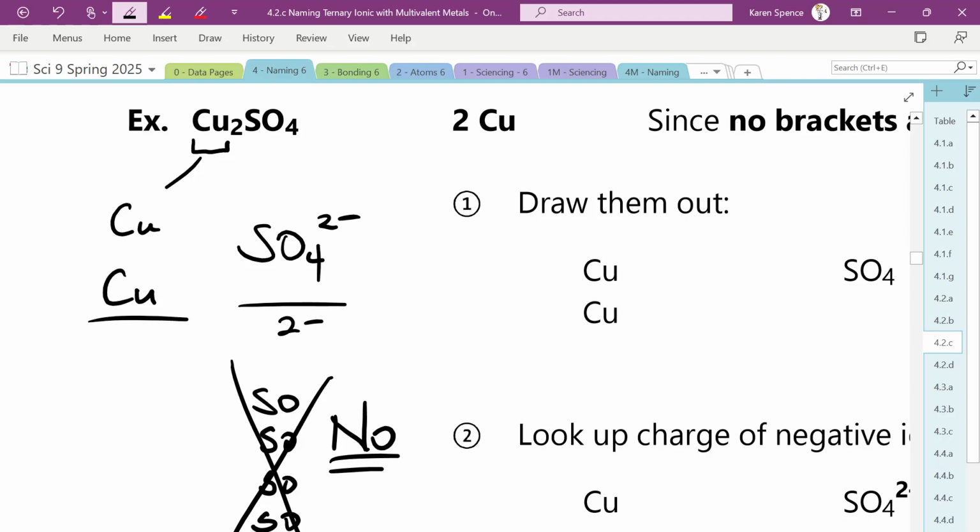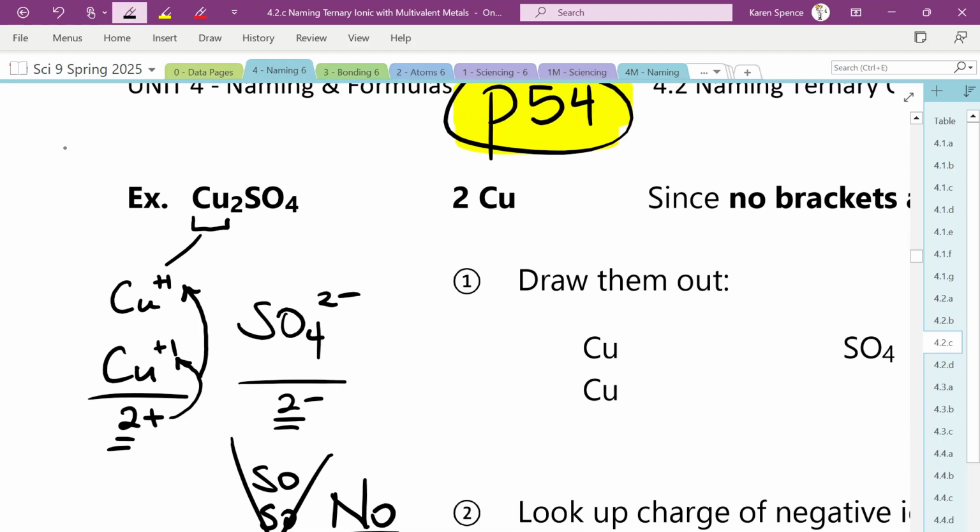Overall positive charge has to be 2 positive. These 2 charges have to be equal and opposite of each other. Then we split up this charge onto 2 places. This is +1, this is +1. All right, and so each of those are +1.